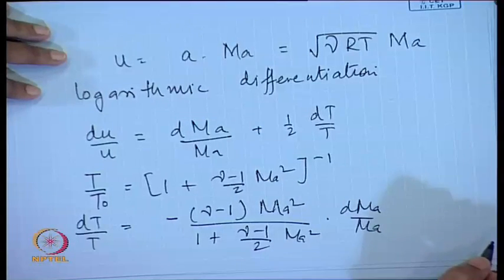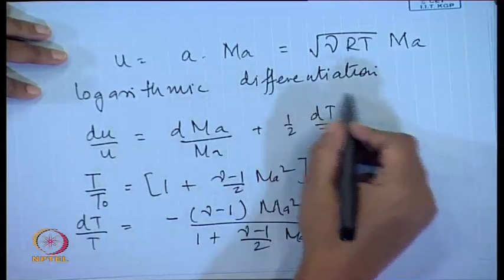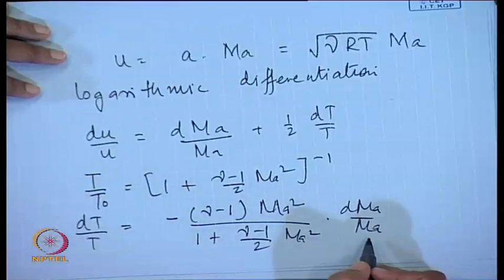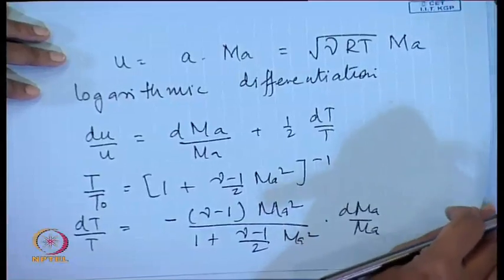Okay. So now what we can do, instead of this dT by T, we can substitute this particular expression, yes or no? Just do it and see what we are getting.